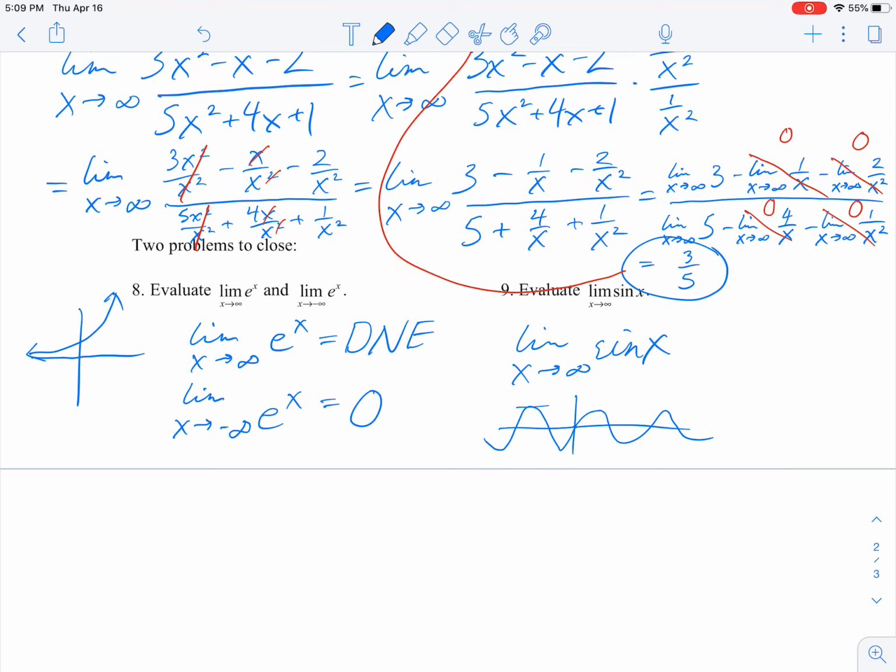We're always between -1 and 1, but we also always are bouncing back and forth. So that's another case in which, while a function may be defined all the way out and it may have bounded behavior, the limit as x goes to infinity doesn't actually exist because we do not converge on a single value.